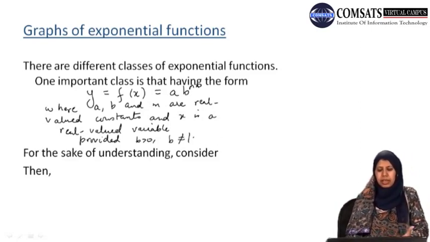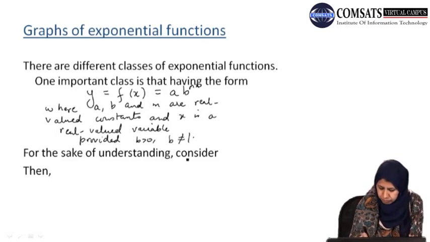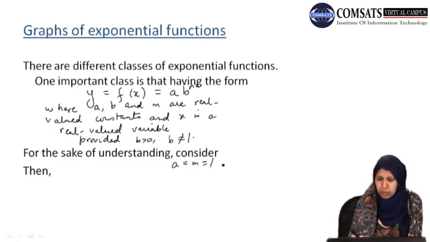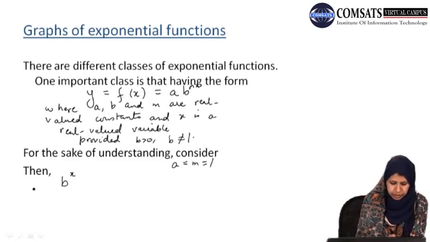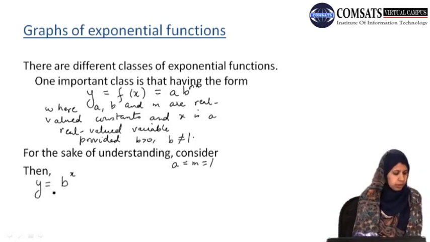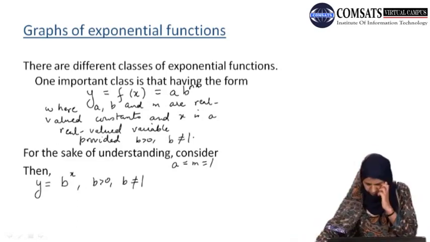Now this is a class of exponential function, but for the sake of understanding, we consider that a is equal to m is equal to 1. Then our exponential function reduces to y equal to b to the power x, with b positive and different from 1.